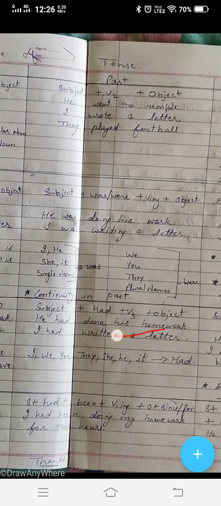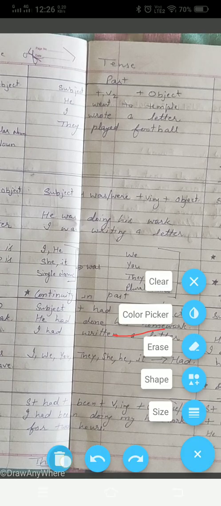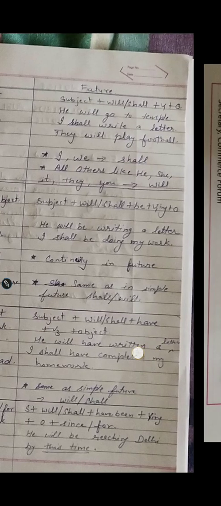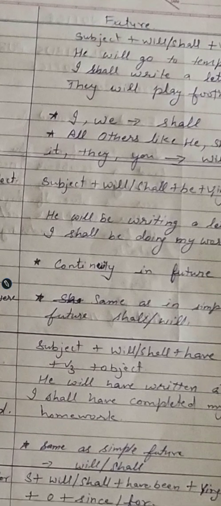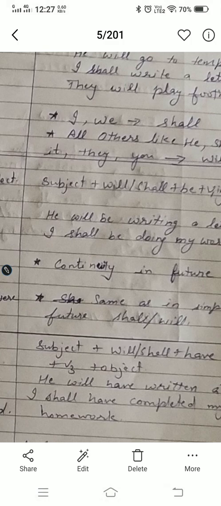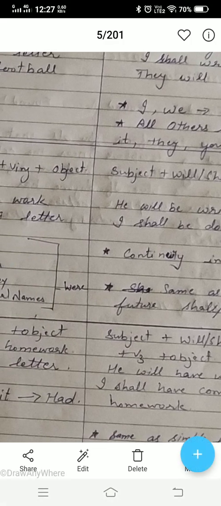So next, finally, we have future tense. It's very simple. In each future tense we will use will or shall.